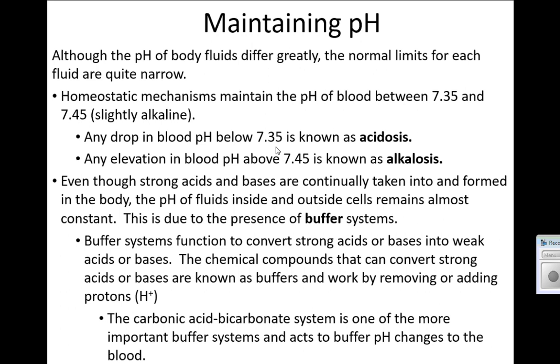No, because that's still above 7, which means it's a base. So when I say acidosis, it's kind of misleading for that reason. Don't think 7.3 or 7.2 or 7.1 is an acid, because that's actually a base. It's just meaning that we're trending towards acidosis. We're becoming more acidic because there are acids being built or formed in our body.